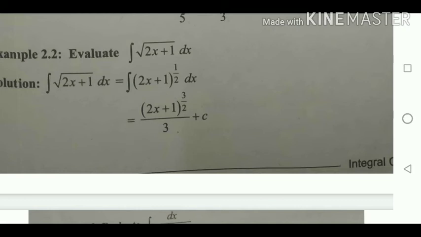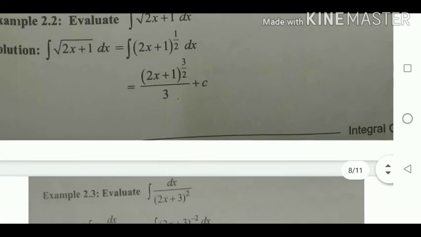That is (2x plus 1) whole power 3 by 2 divided by 3 by 2. Here, see the coefficient of x. The coefficient of x is 2, so 2 into 3 by 2, the 2 cancels. Therefore (2x plus 1) power 3 by 2 divided by 3 plus c.